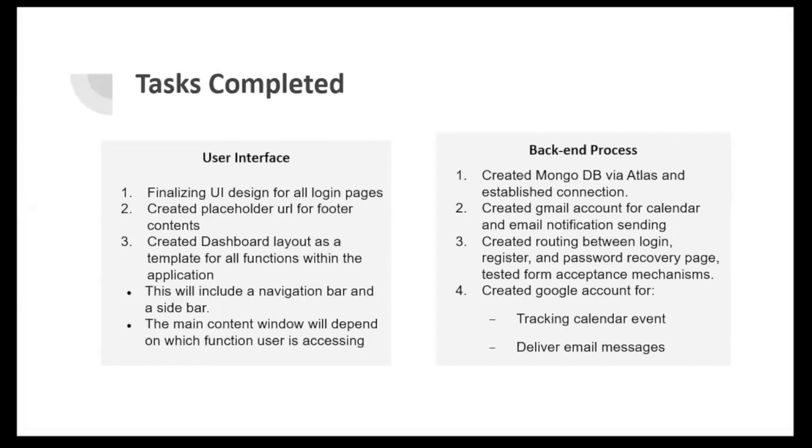We also created a dashboard for when the user verifies their email and is then able to log into the app. From this page, users can access different resources based on what they want to do within the app, and also based on whether they're an administrator.